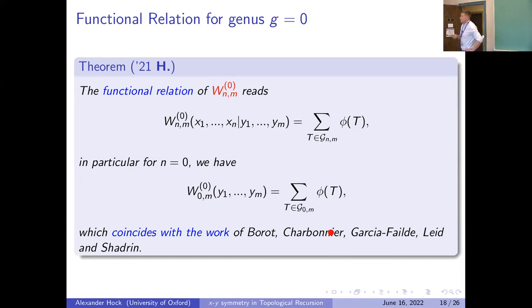The 0 here means that we don't have any square vertices. We just keep the round vertices, the complicated vertices. And this formula coincides with the formula of Borot, Charbonnier, Garcia-Failde, Leid and Shadrin, where they compute for higher free probability the functional relation between all these.